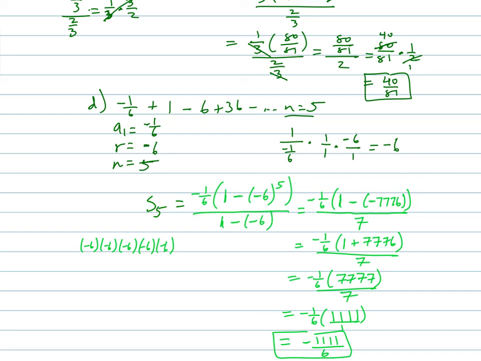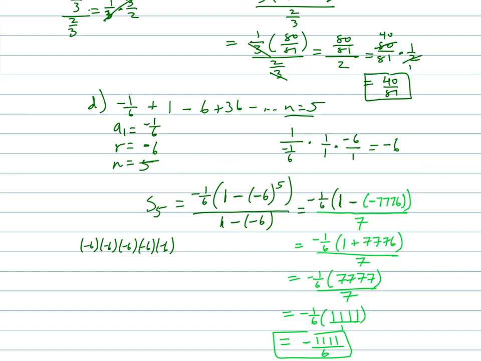So the sum of these 5 terms is a sub 1 over 1 minus, r is negative, be very careful, put that in parentheses, r to the n, all over 1 minus r. Okay, so we got this nice one to figure out. So negative 1/6 times 1 minus, let's see, negative 6 to the fifth. Let's figure out negative 6 times negative 6 times negative 6 times negative 6 times negative 6.